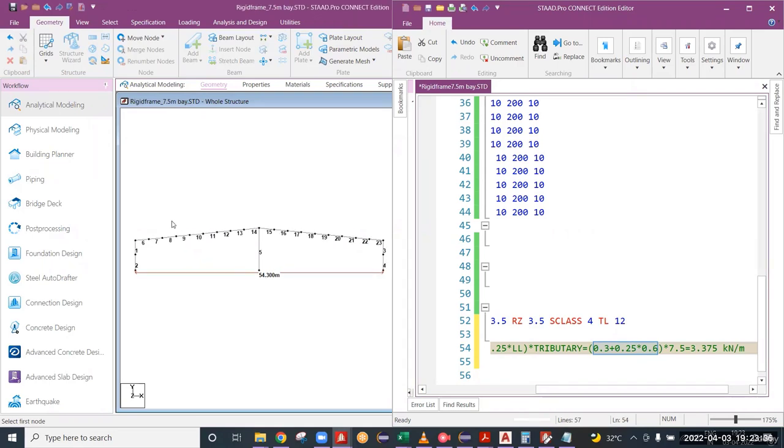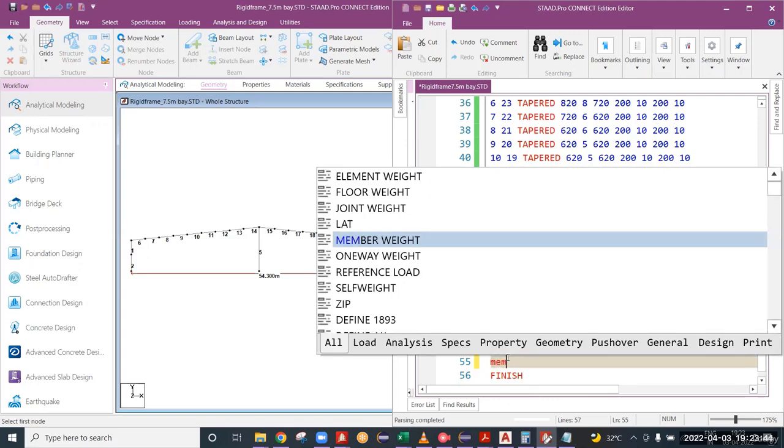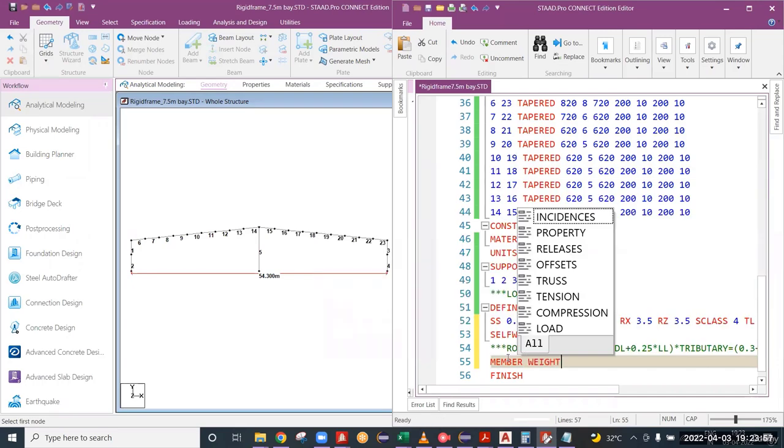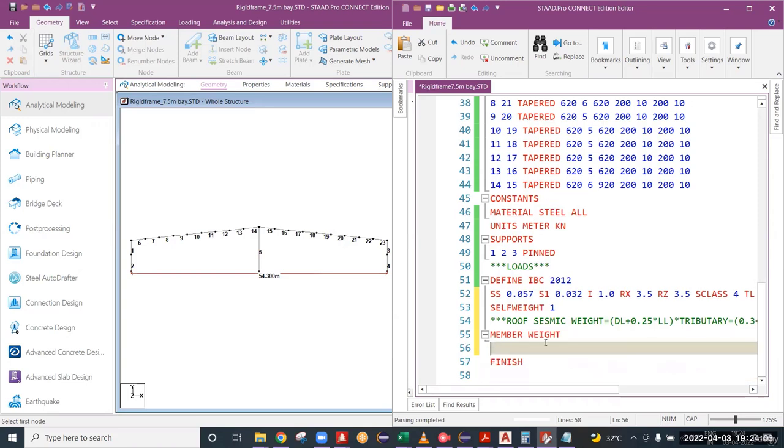So what are the numbers of the rafters? 6 to 23. For that we need one more command, MEMBER. Be careful that all the commands should be in capital letters only. Generally we will give member weight; members, all these can be taken as members. We are giving seismic weight here.